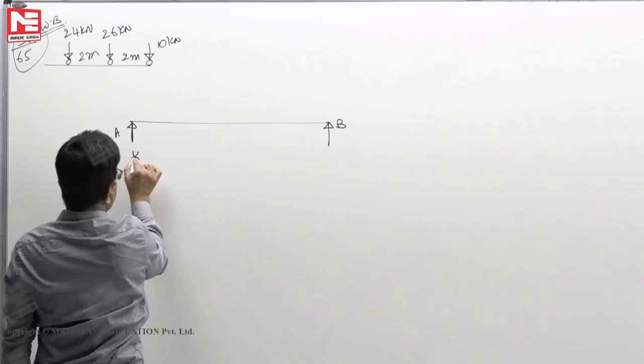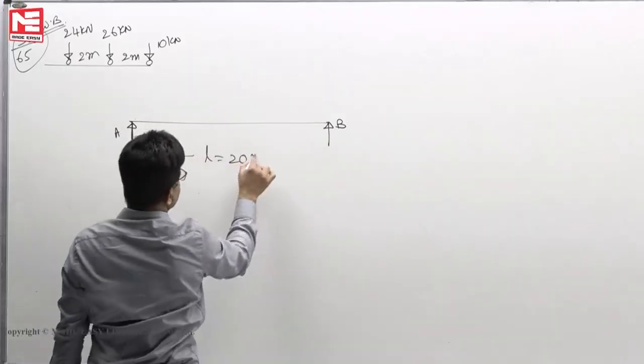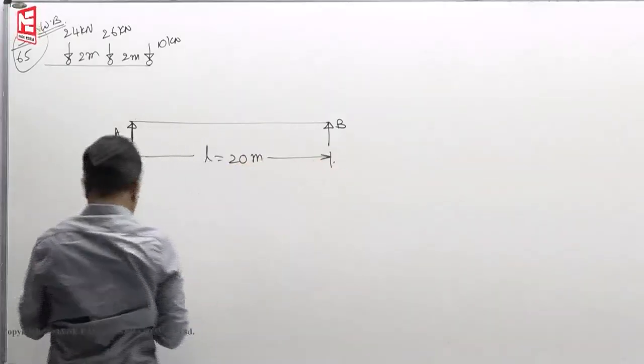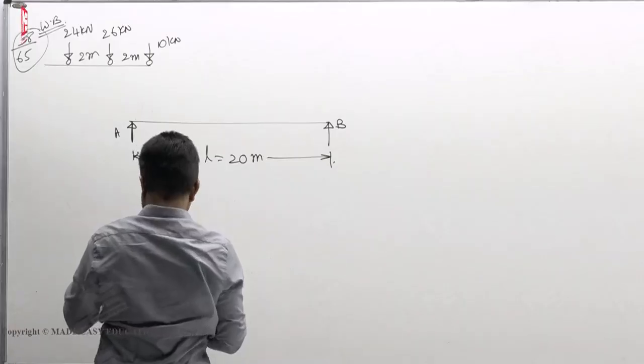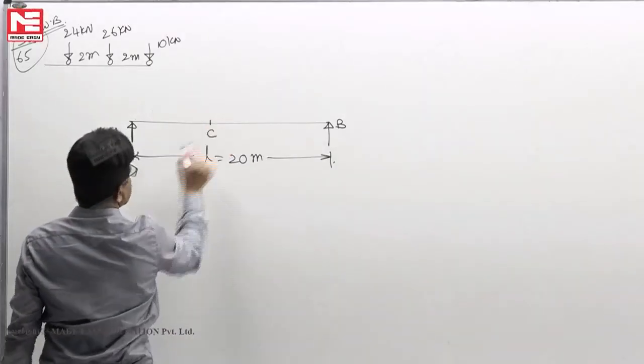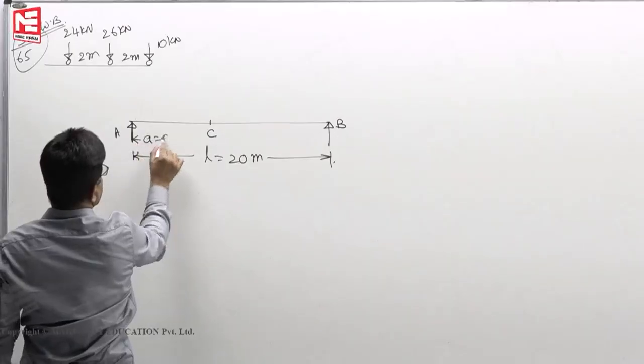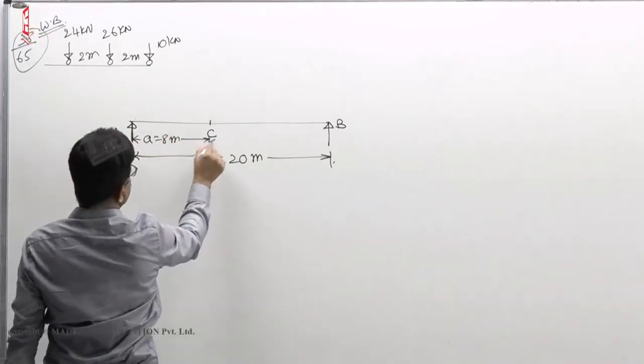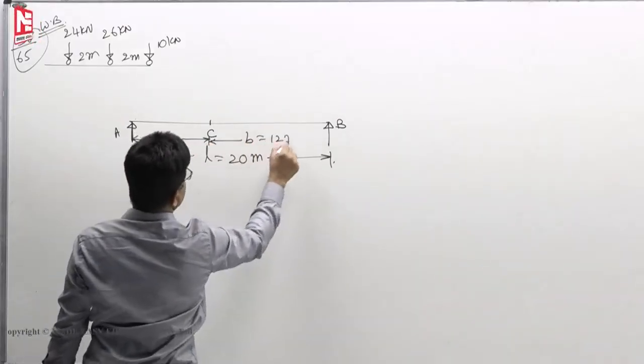This span they have given 20 meters. So maximum bending moment at a distance of 8 meters from A. This section C has been taken. A he says 8 meters, naturally B is 12 meters.